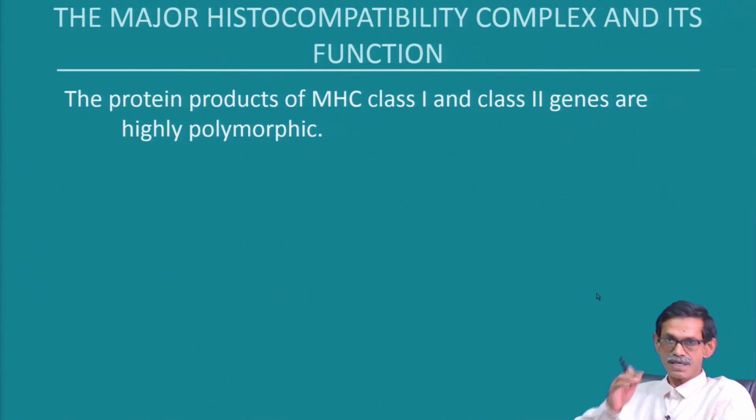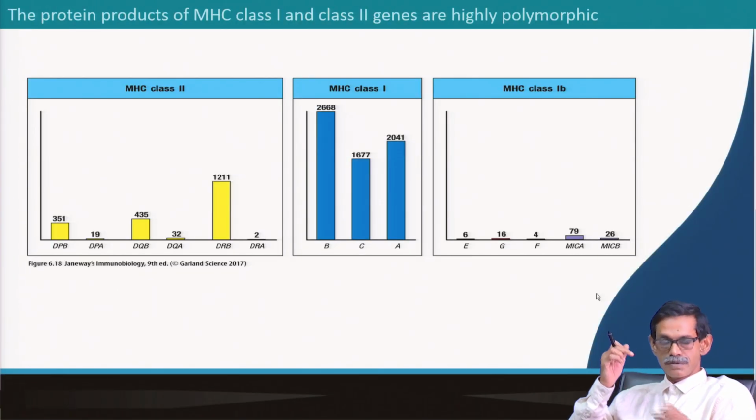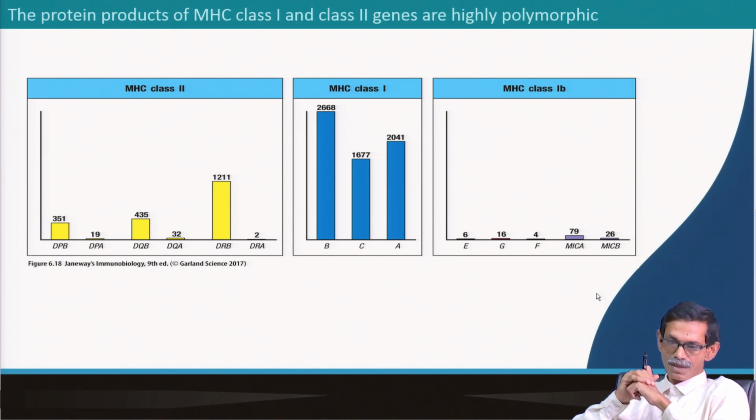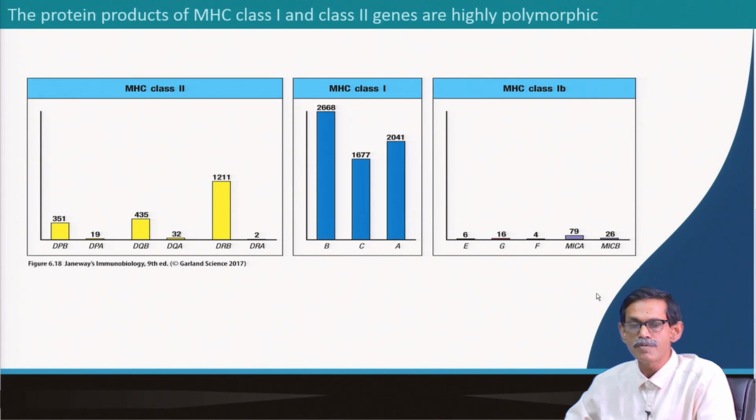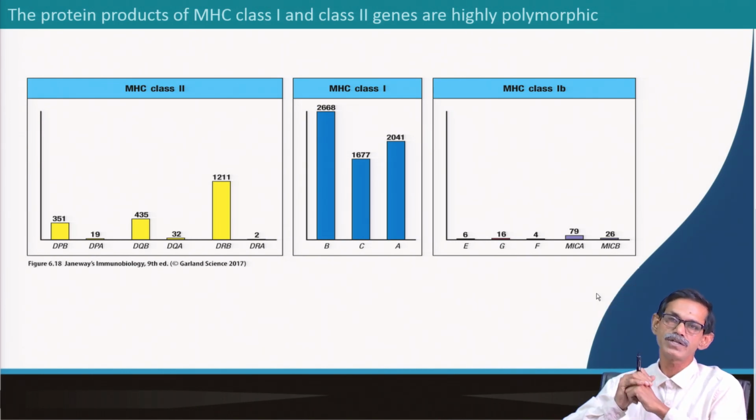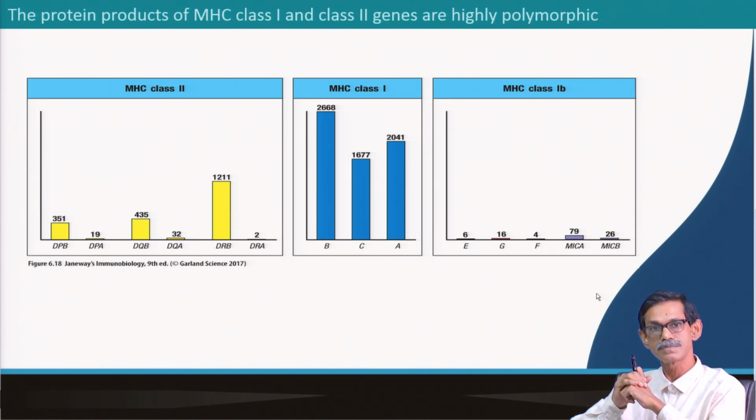If I start with this, you see this is the distribution of varieties of MHC in human. The term MHC, major histocompatibility complex, is mostly used in case of mouse, though it is very commonly used in the human system also, but in human it is called HLA, human leukocyte antigen.